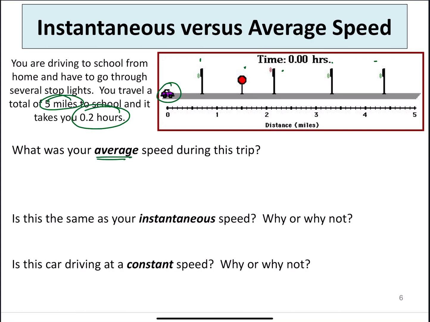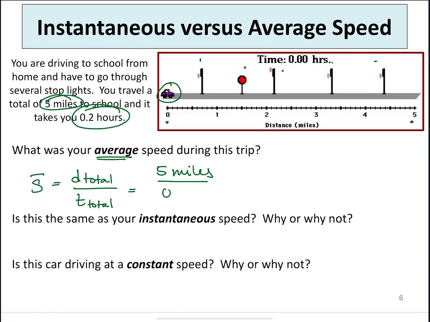So throughout the trip from distance 0 to 5 miles, what is the average speed at which you drive? That average speed is equal to the total distance that you cover divided by the total time it takes you to cover it. And for this trip, it's 5 miles covered in 0.2 hours. So that means that we have an average speed of 25 miles per hour.